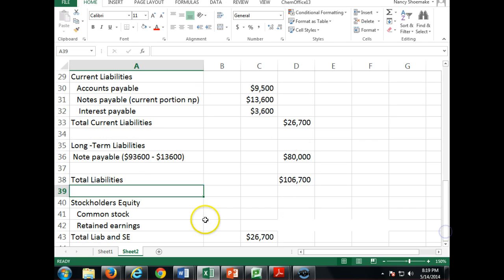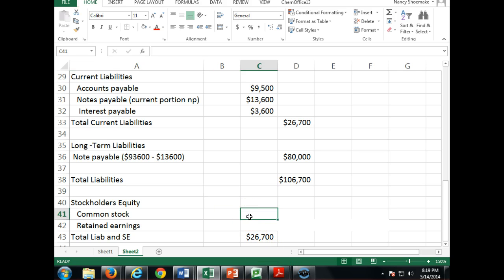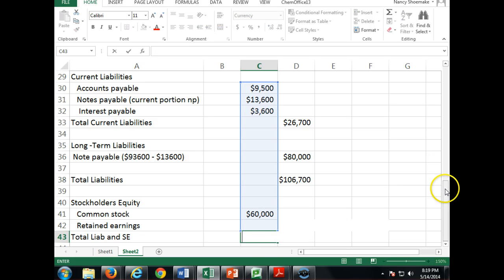Now as we move down to our stockholders' equity, how much is our common stock? 60,000. And then what's our retained earnings going to be? 40,000. But then we've got some things we need to add and subtract, don't we?